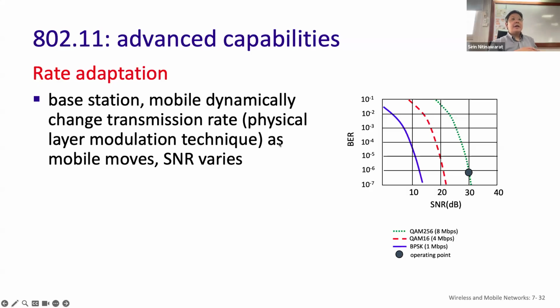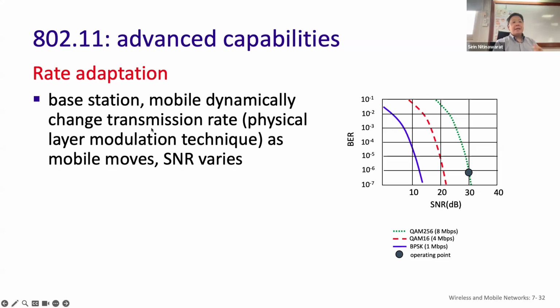Okay. Additional capabilities of the Wi-Fi protocol, related to these waterfall curves that we discussed, remember, about the trade-off between the error rate and the maximum transmission rates, right? Is the capability of allowing the base stations or APs to dynamically change the transmission rates depending on the situation, right?